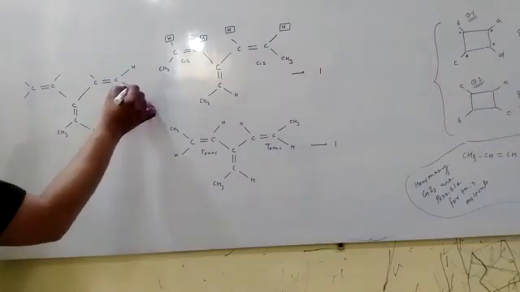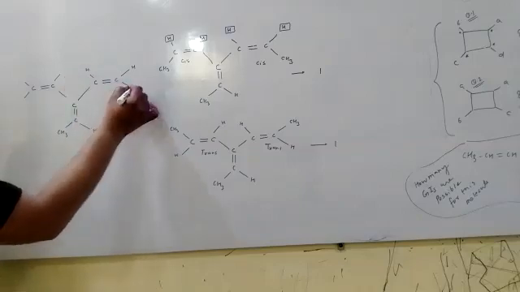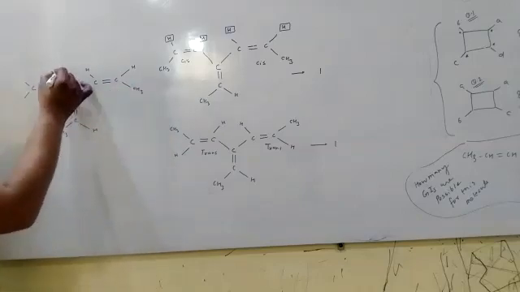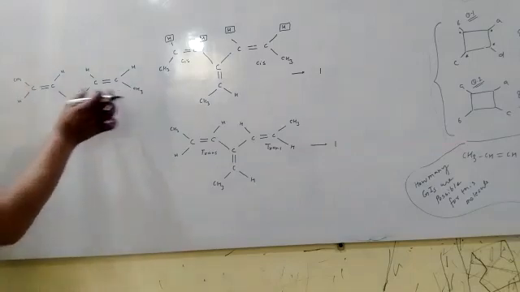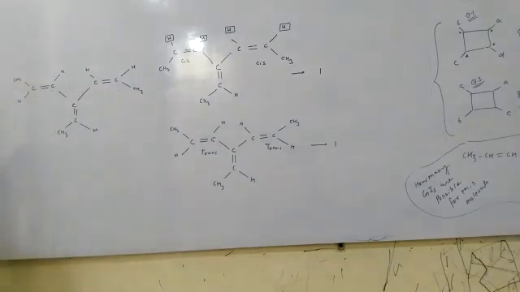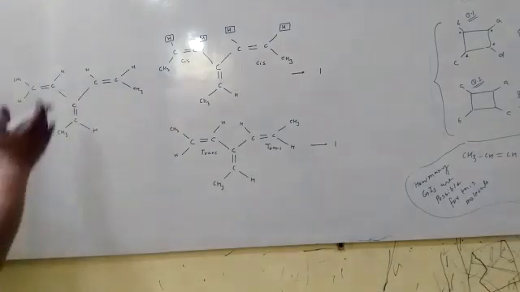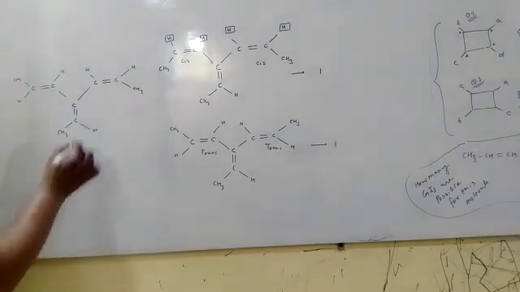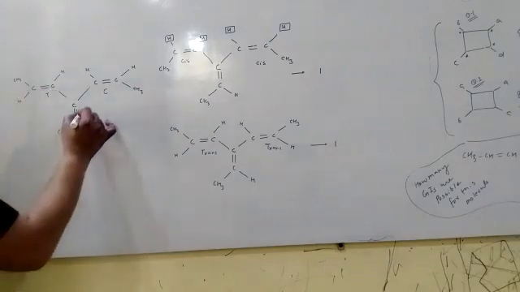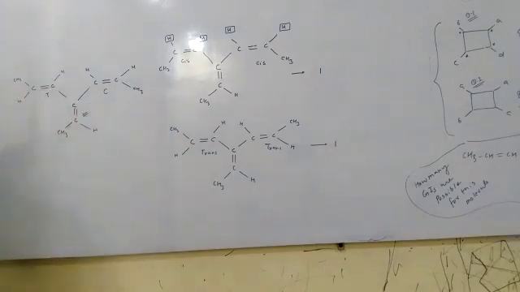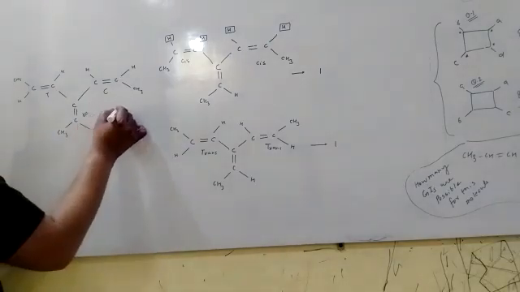But if this one is cis and this one is trans, now we can clearly see both valencies are different. Now both are not mirror images of each other. This is cis, this is trans. Now it will show geometrical isomerism, correct? So we will get two structures.